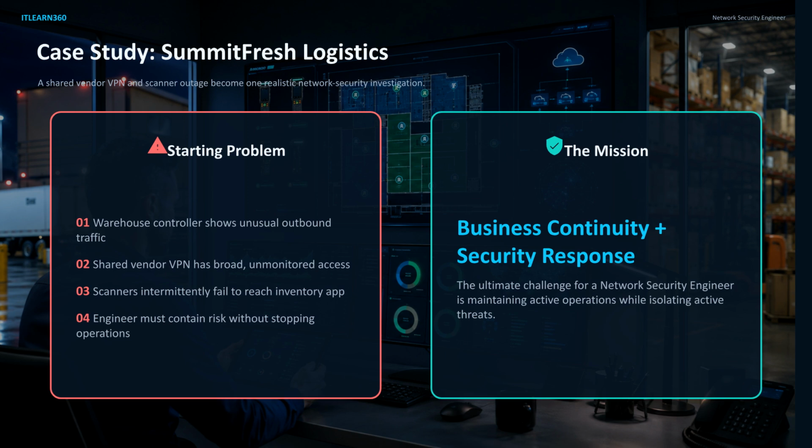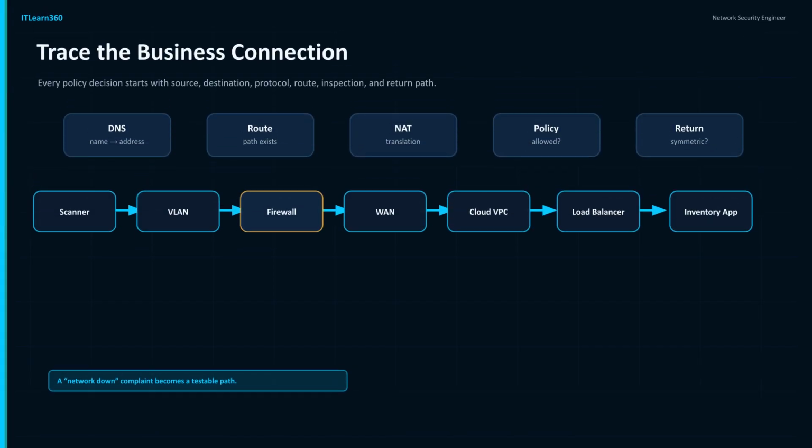The first step is to trace the business connection from the scanner all the way to the application and back. Before changing a security rule, trace the complete traffic path. For the warehouse scanner, identify the source VLAN, destination application, DNS lookup, routing decision, NAT behavior, firewall inspection, cloud path, load balancer, application endpoint, and return route.